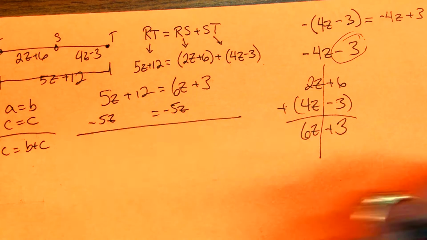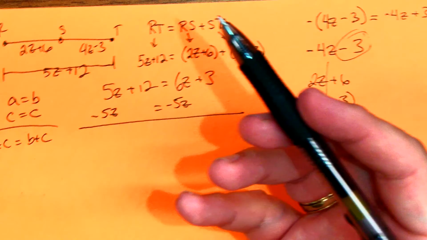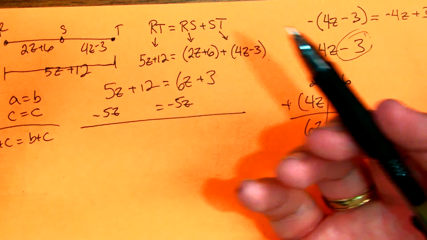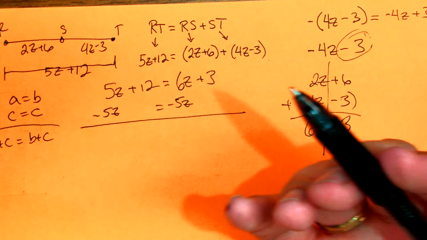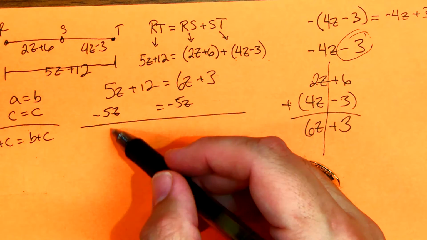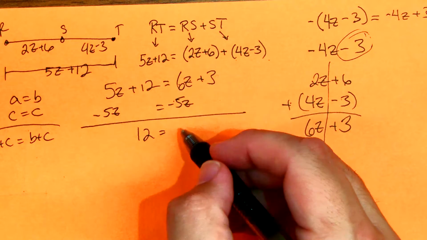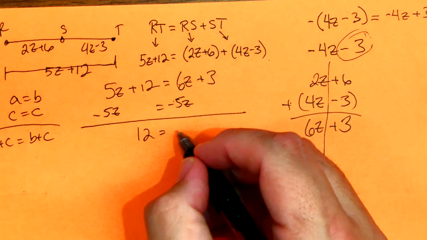So that's why I put a negative there and a negative there. I can add them up. Now, technically, yeah, subtracting, all that kind of fun stuff. Being technical, 5Z plus a negative 5Z is 0. There's your 12. 6Z minus 5Z, how many Z's do I have left? 1Z.